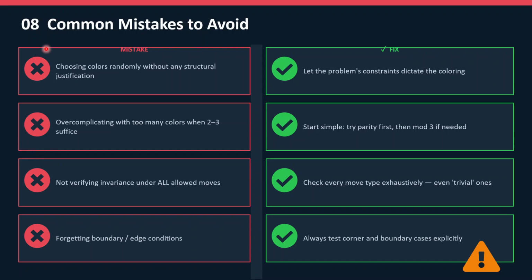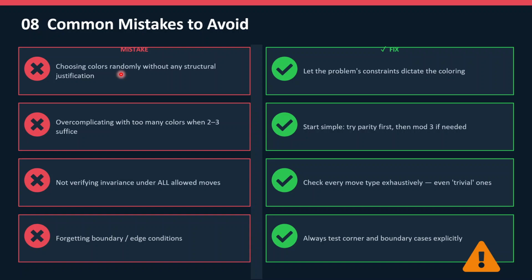Common mistakes to avoid: choosing colors randomly without any structural justification. For example, for mod 2 we take even as red, and again in mod 3, if mod 3 equals 0, you take yellow.